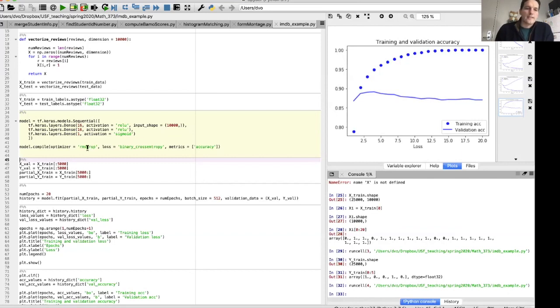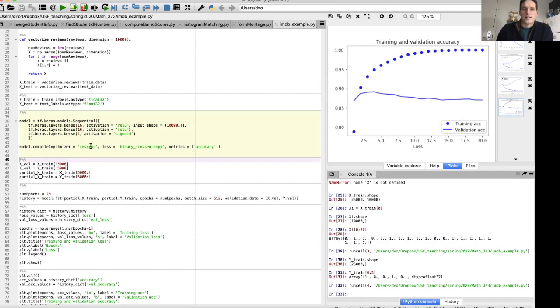Maybe it has an adaptive way of choosing the step sizes. It could use momentum. So there's various optimization algorithms that are popular when training neural networks. RMS-prop is one of them. There's another algorithm called ADAM that's popular. They're all similar in spirit to stochastic gradient descent. So if you know stochastic gradient descent, you know the main idea.